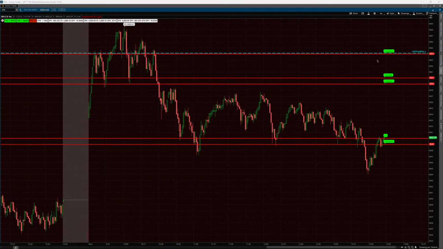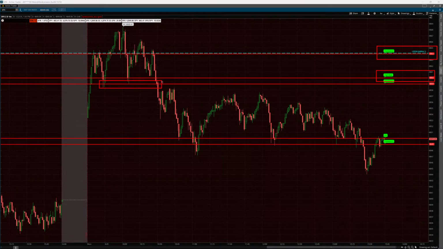So this combo level was in play. That's also the upper daily expected move for SPX. The ES upper daily expected move was also in play for today. Here's the call wall. Note it was initially acting as support. And then this combo level was also definitely in play today.